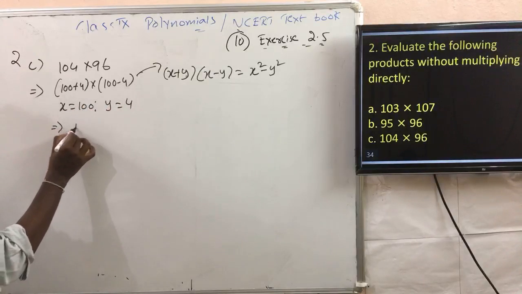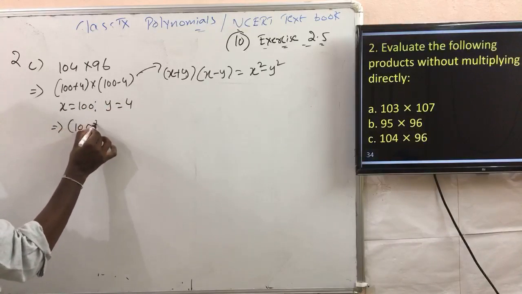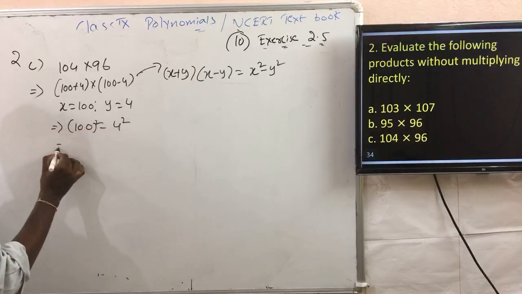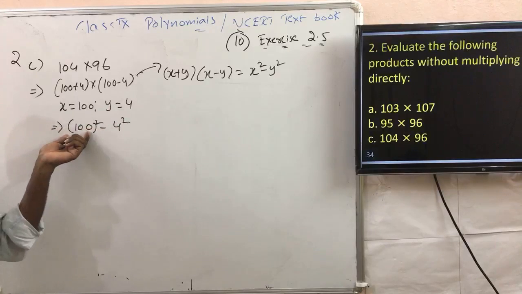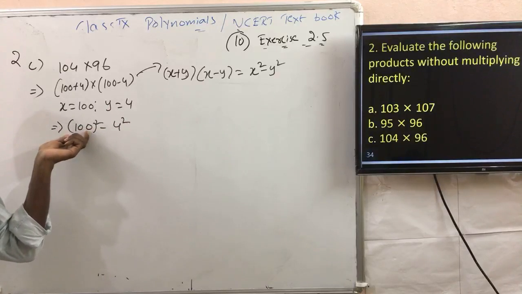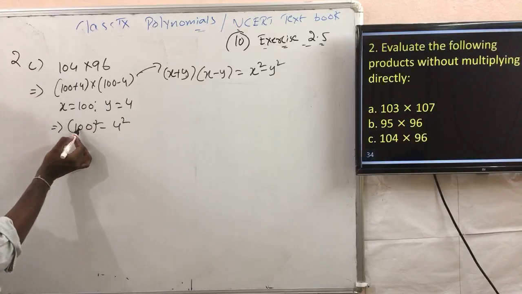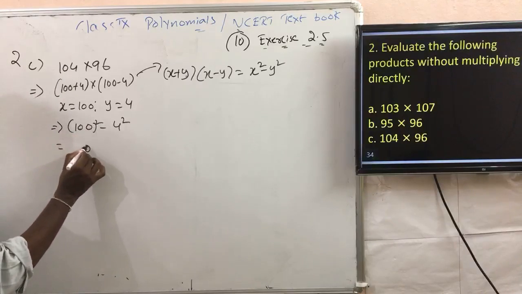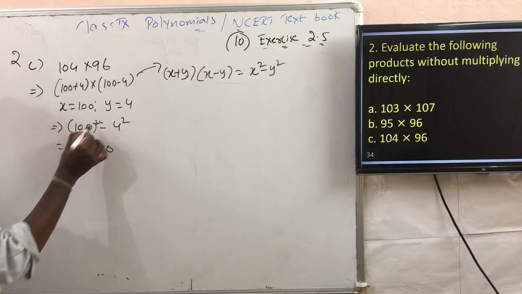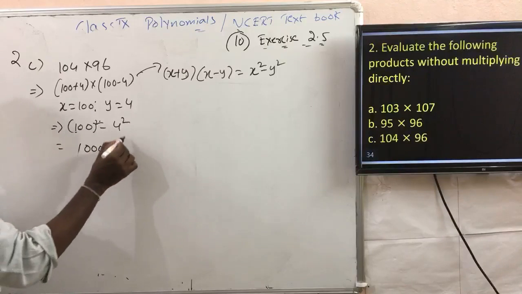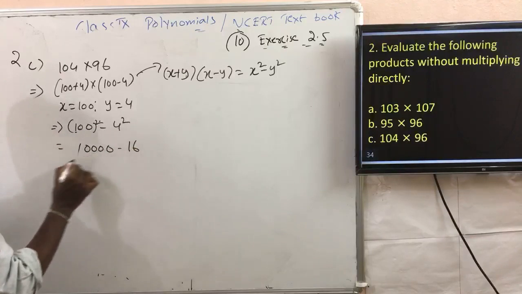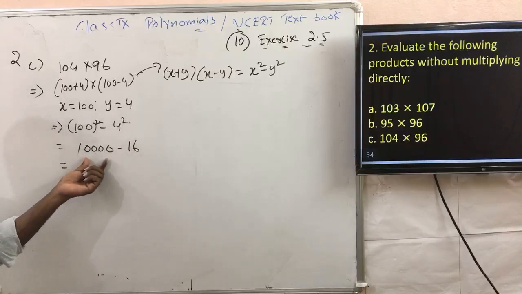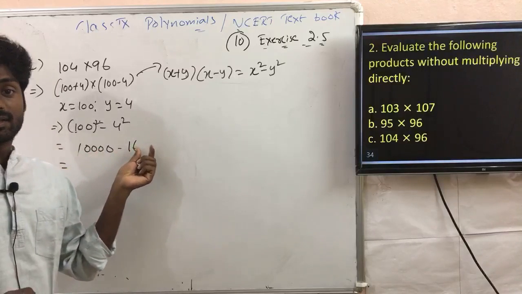X square means 100 square minus 4 square. 100 square, I already said, squaring of tens, hundreds, just double the zeros. We have 2 zeros in 100, so write 4 zeros. 1 square, 1 itself, minus 4 square, 16. That means 10,000 minus 16.